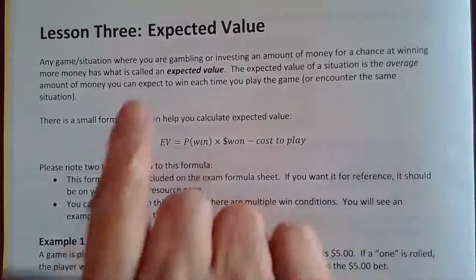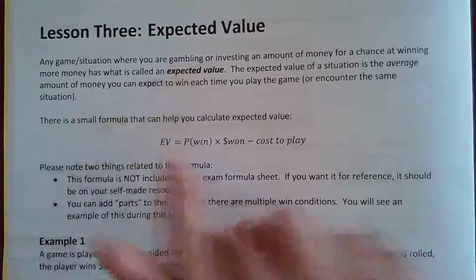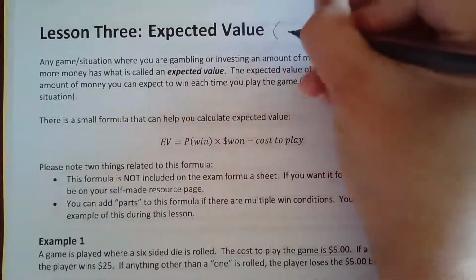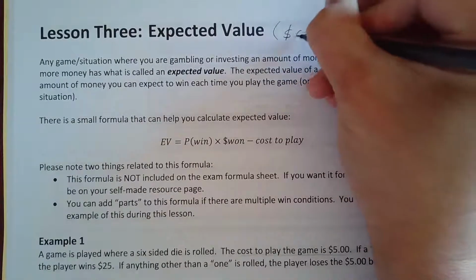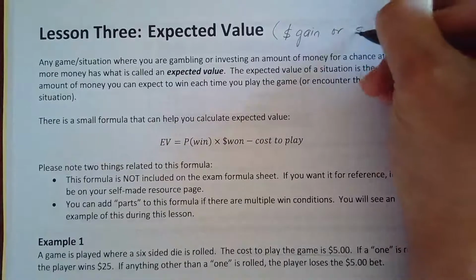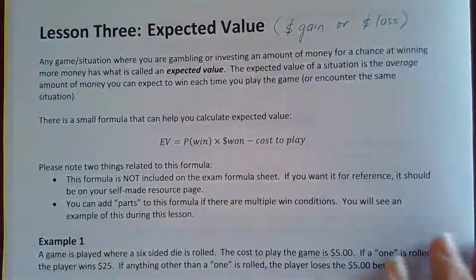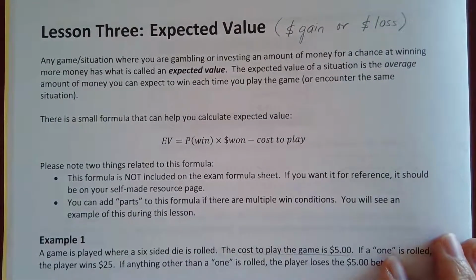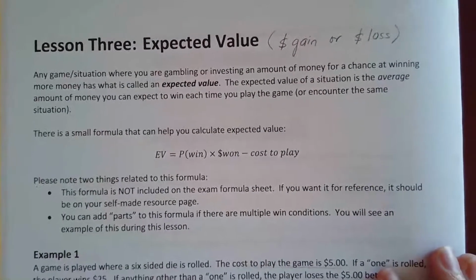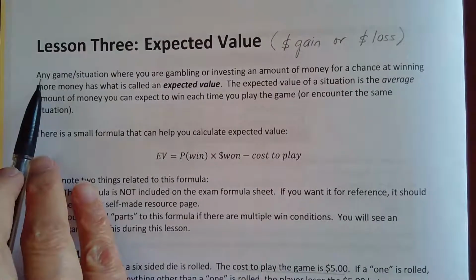Today it's going to be a little bit different, because when we talk about expected value, we're talking about expected value of the money gained or money lost. That's the only thing that's different in this particular case. So let's go and read ahead.